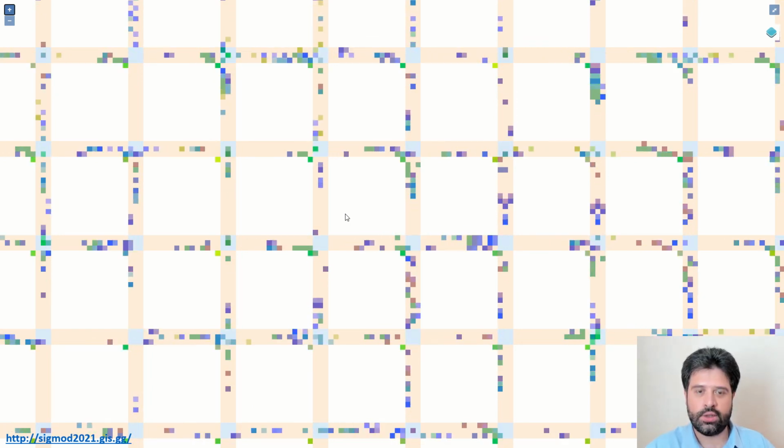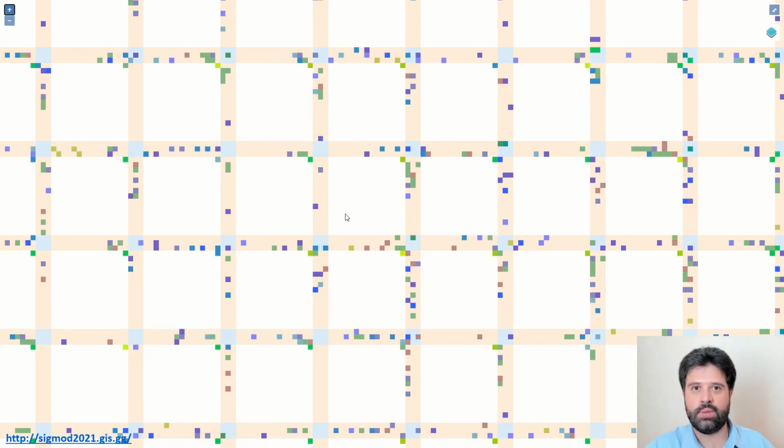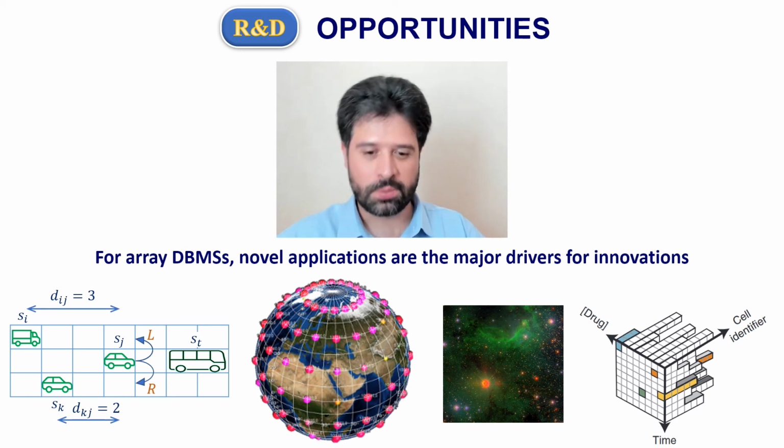Please learn more about this exciting novel direction at the paper homepage you see at the bottom left. Let me briefly mention the most promising R&D opportunities for this part of the tutorial. For ArrayDBMSs, novel applications are the major drivers for innovations.